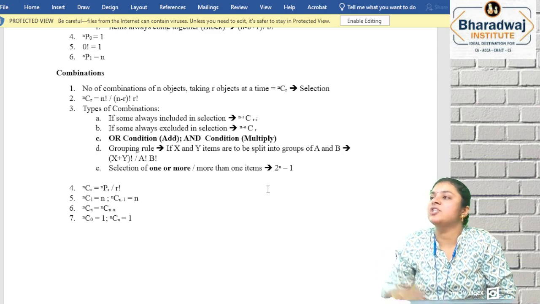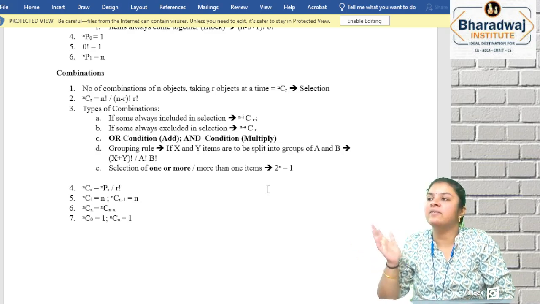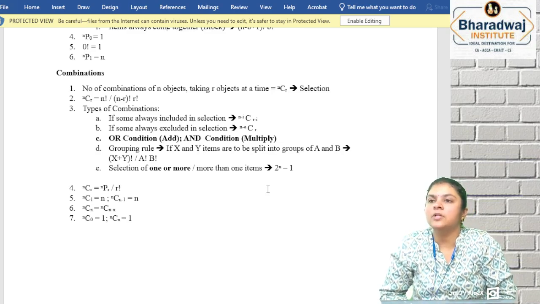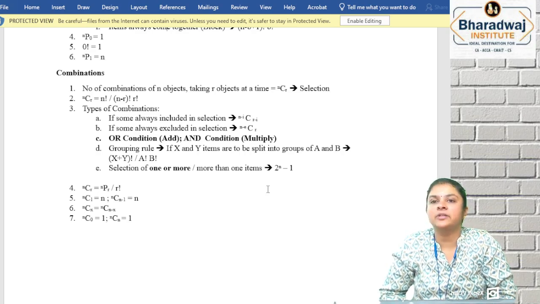Number of ways in which it can be selected, taken, answered, or chosen. So if the words choose or select are there, definitely it is combinations. What is the rule? nCr is equal to n factorial divided by n minus r the whole factorial into r factorial.